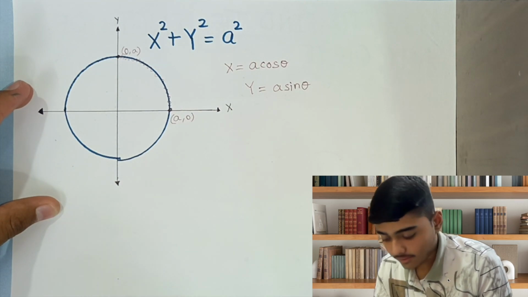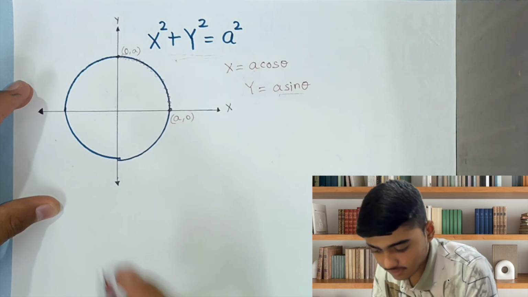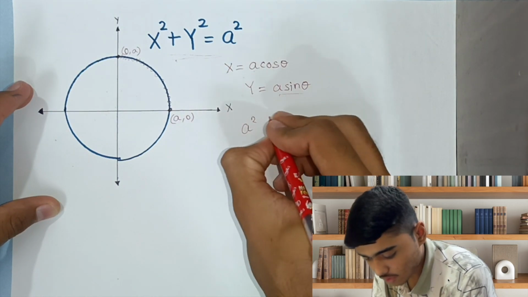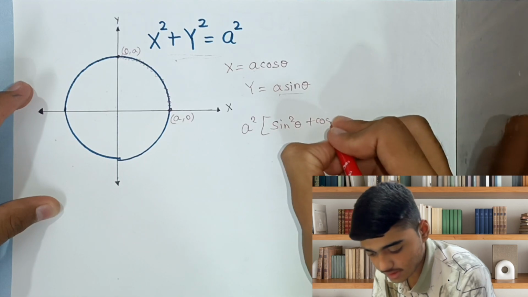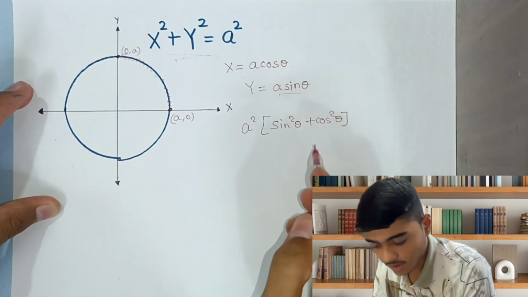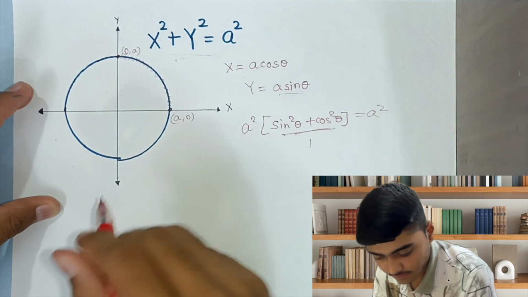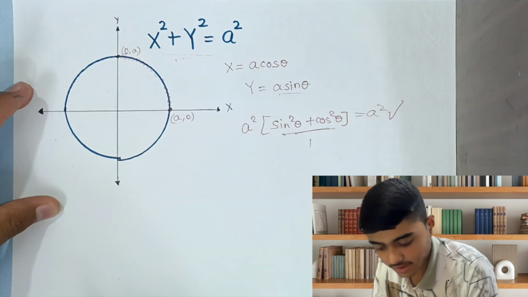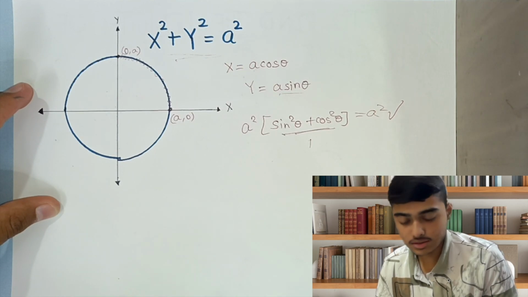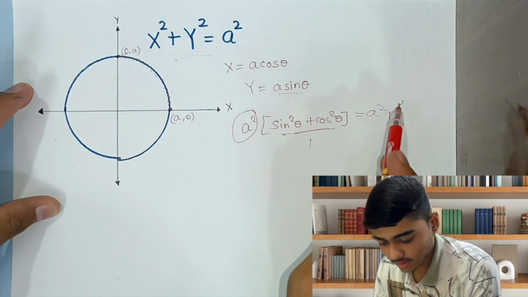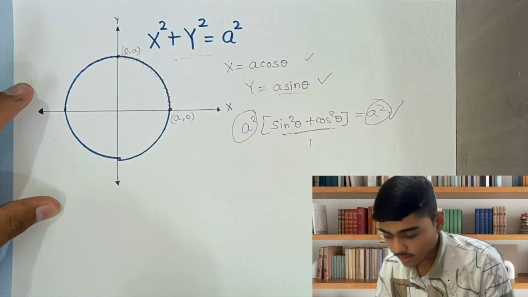How do I know that it is right? When you put this in the equation, you will get a squared common, and inside is sin squared theta plus cos squared theta, and this value is 1, which becomes a squared, right? So this is correct. Whenever you apply the parametric form inside an equation, you get this, and so this is the correct parametric form.